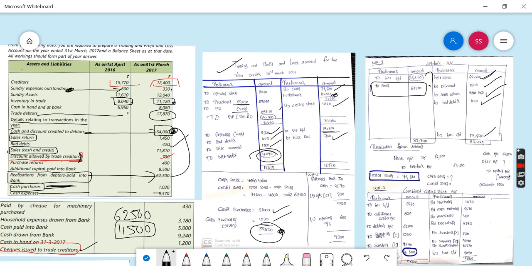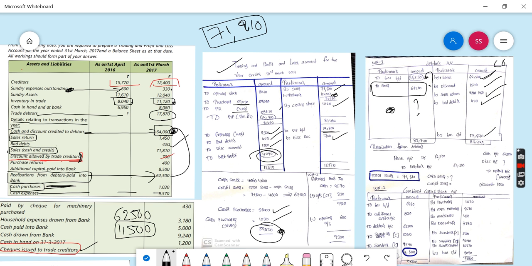Obviously we cannot balance this because we don't know anything on this side. This side is empty, right? We know only the credit side, but on the debit side we don't know the opening balance and we don't know the credit sales either. So both are question marks. So we need to find out that. In the question they mentioned that the total sales is 71,810, right?